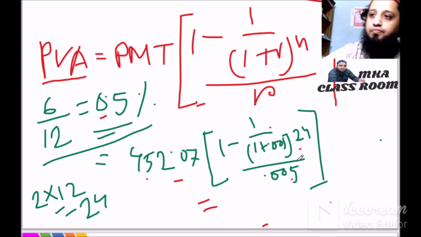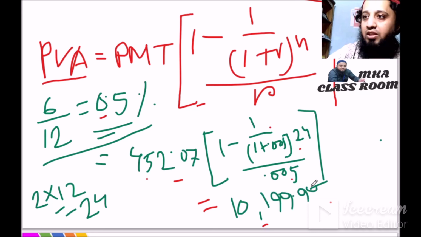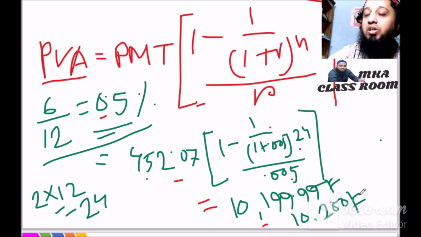So if you kill off your loan, you have to pay 10,199.99 taka, or 10,200 taka, to kill off this loan at a time.